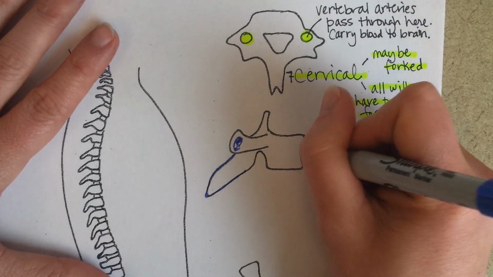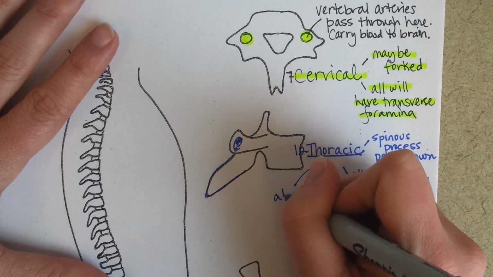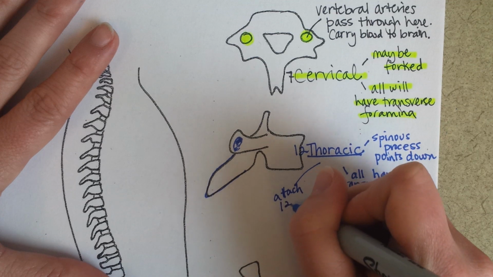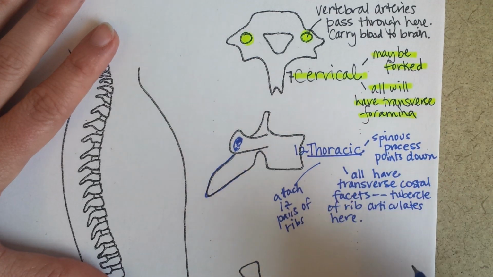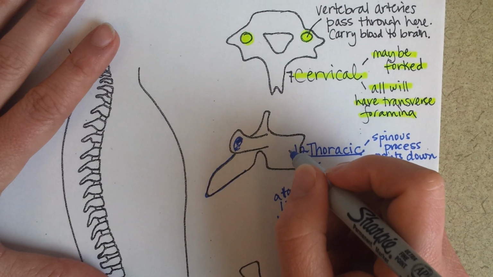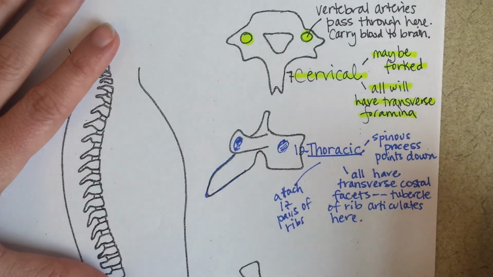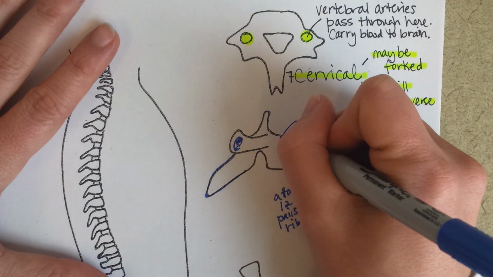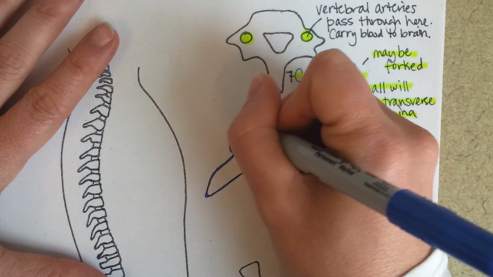There are 12 thoracic vertebrae which attach to 12 pairs of ribs. The head of the rib attaches right about here, so there's a little bit of a costal facet here on each of those.